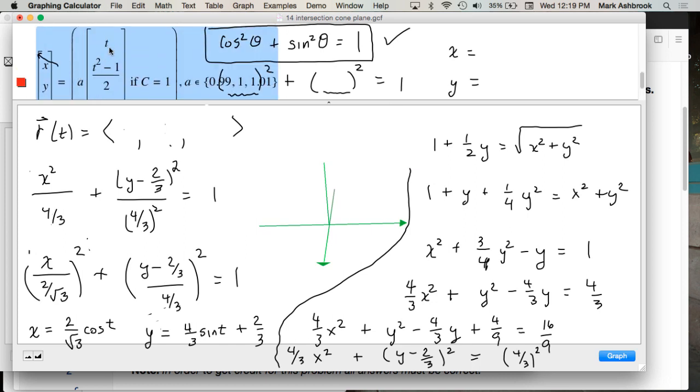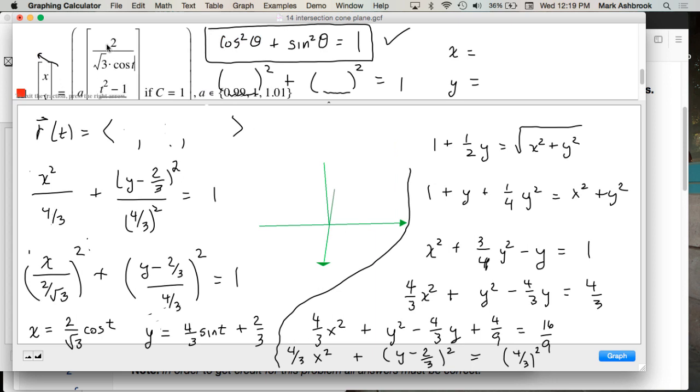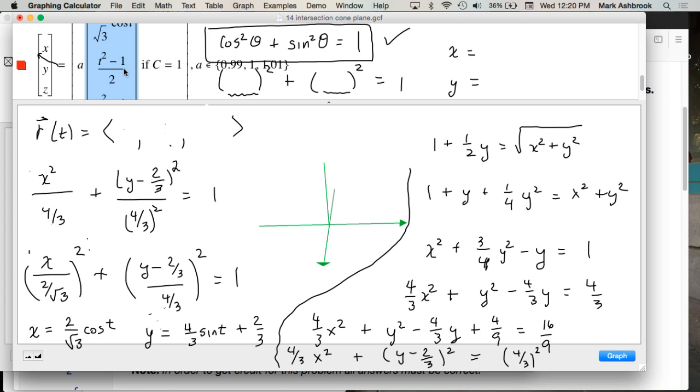So what do we say? X was what? 2 over radical 3 cosine t. Great, okay, and then y is 4/3 sine t plus 2/3, and I'm going to copy and paste that.